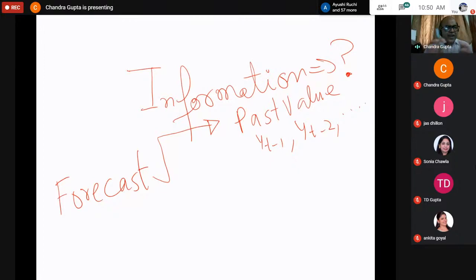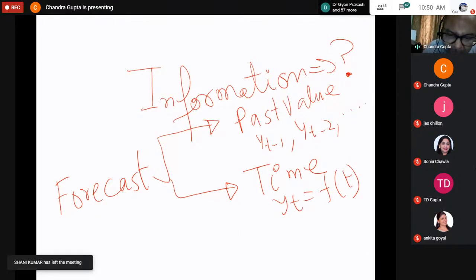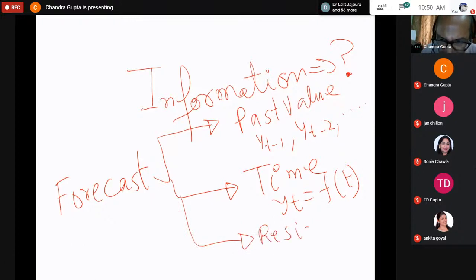So information may be hidden in the past values of the series. Information may be hidden in the time. You can say yt is a function of time. Information may also be hidden in its residual. That means yt may also be a function of its error term. And information may be in some other series, some other time series like xt.